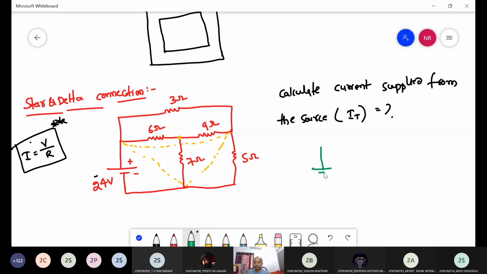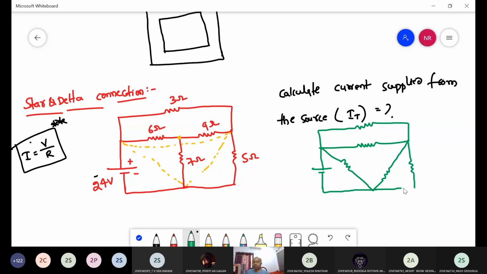Here it is 24 volts. So these are the previous values as usual. Here it is 3 ohms, here it is 5 ohms. So now I am removing the 697 and replacing it with the new values.